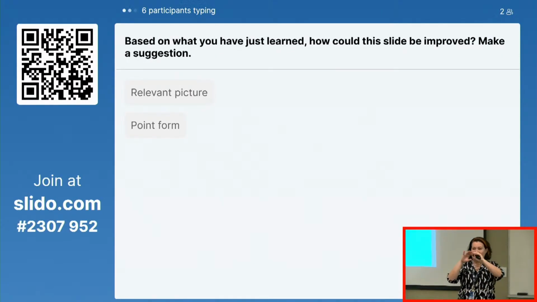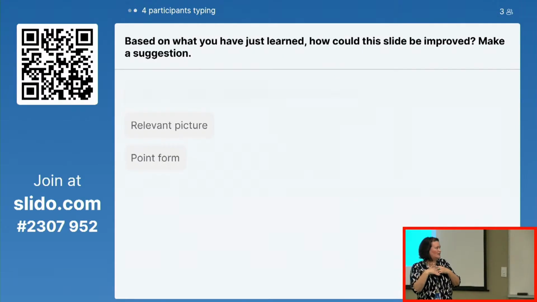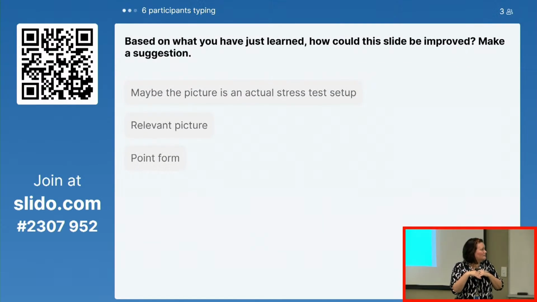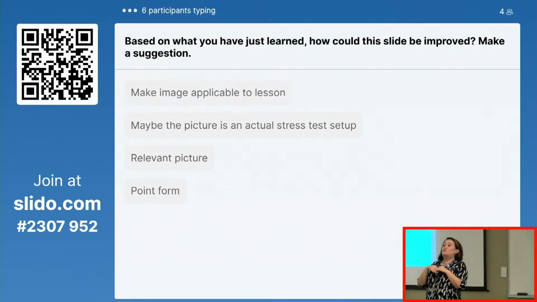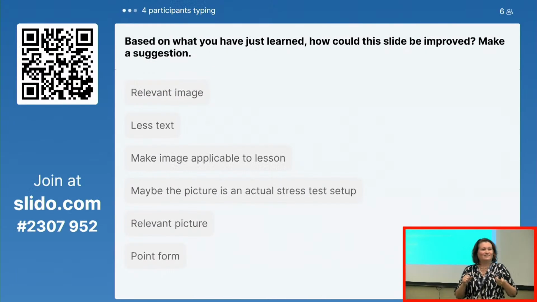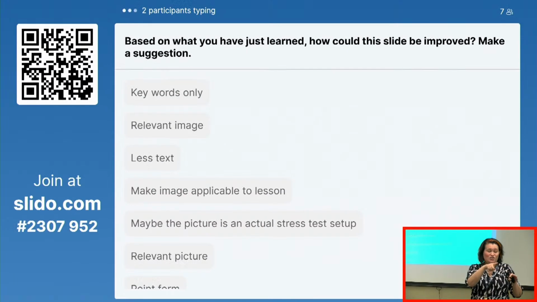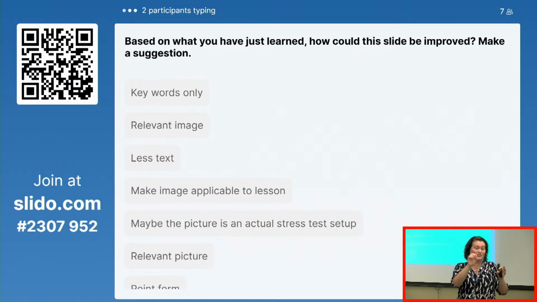Okay, so less visual and focus on the narration. All right, more relevant picture, perhaps? More relevant picture. The picture was quite random, yes. Maybe bolding the important points or putting them into color. Lovely. Emphasis, because remember your brain's got milliseconds to make that decision.